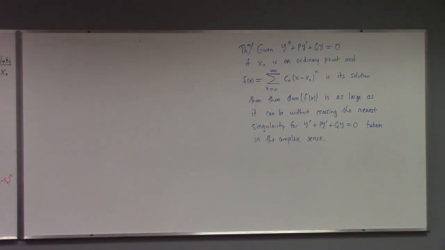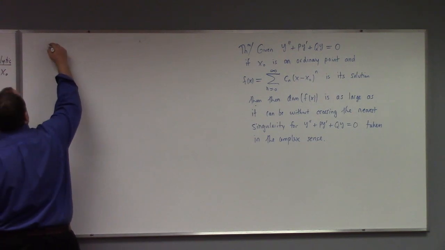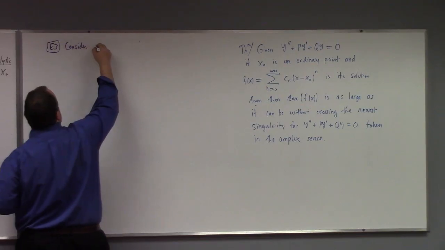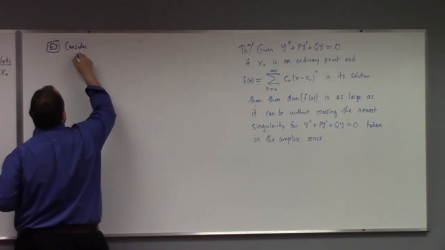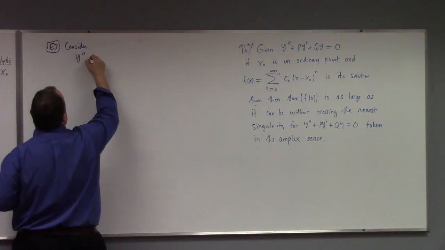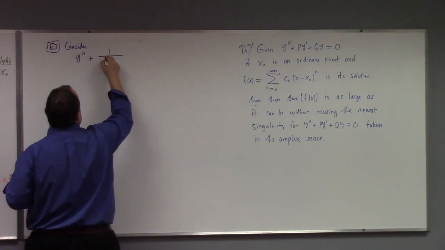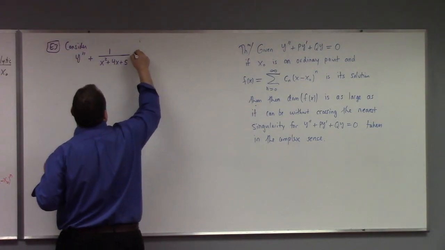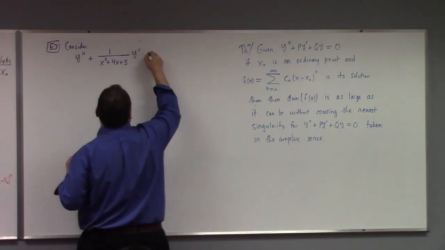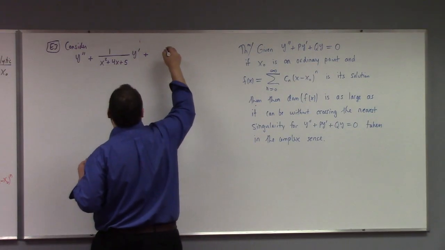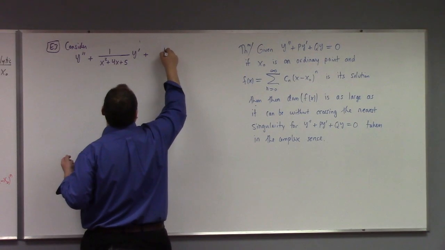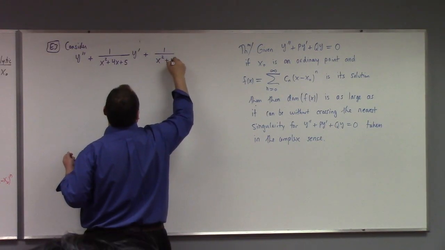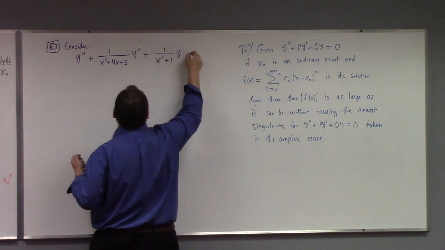So let us consider y prime prime plus 1 over (x squared plus 4x plus 5) y prime plus 1 over (x squared plus 1) y equals 0.